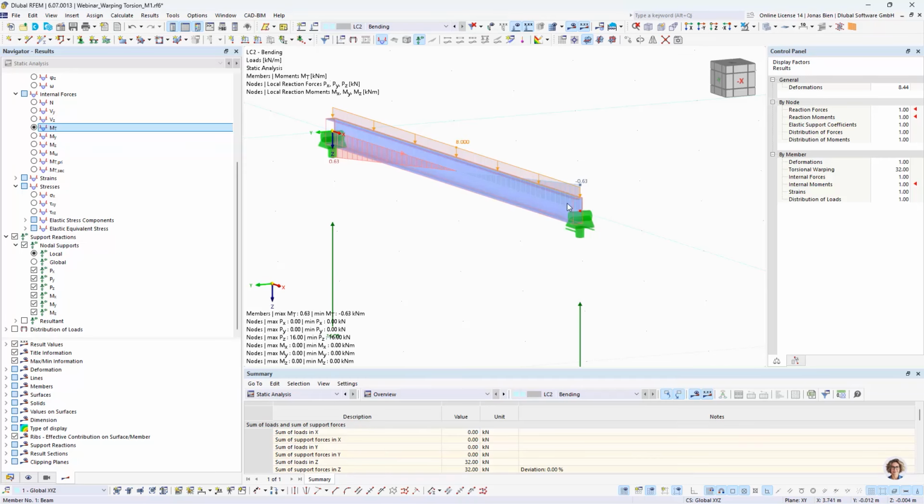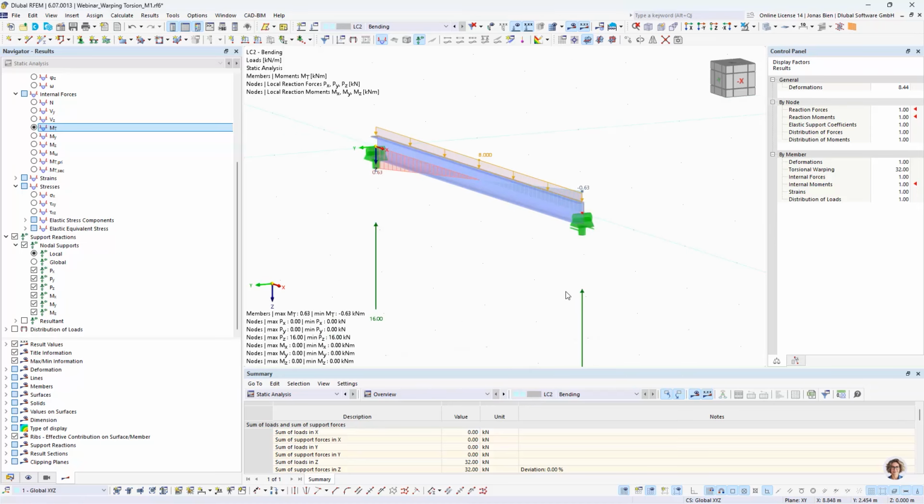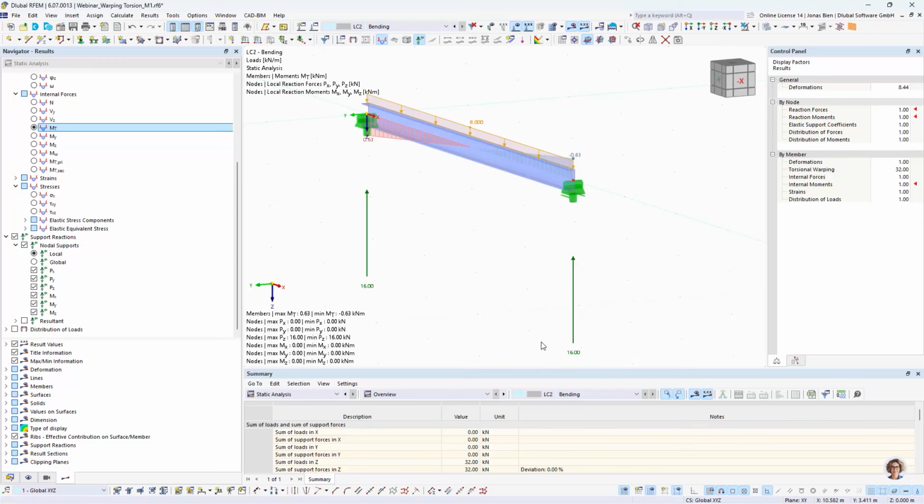So in this case, and that can confuse people sometimes, the internal force at the member end is not equal to the reaction force, but you have to take into consideration also the vertical force here of 16 kilonewton meter times the distance again between shear center and center of gravity, and that would then amount to the same magnitude of this torsional moment in the member.